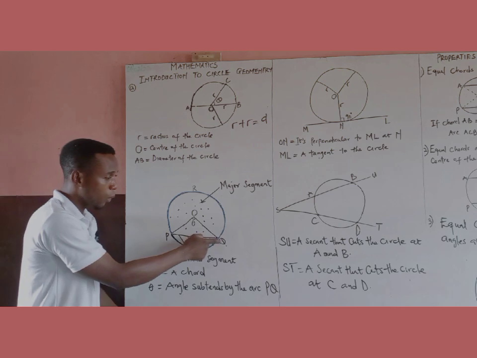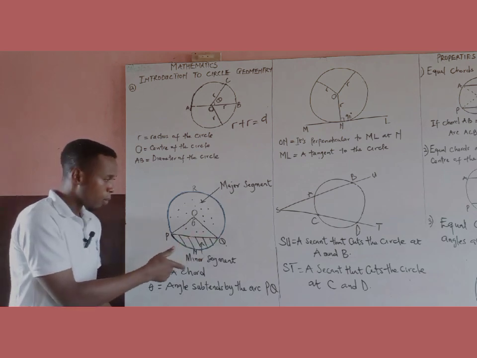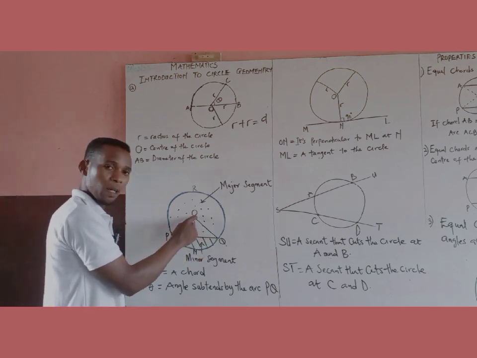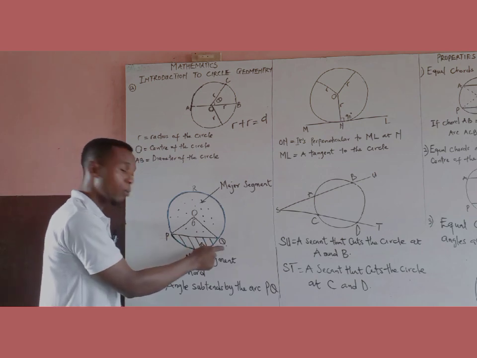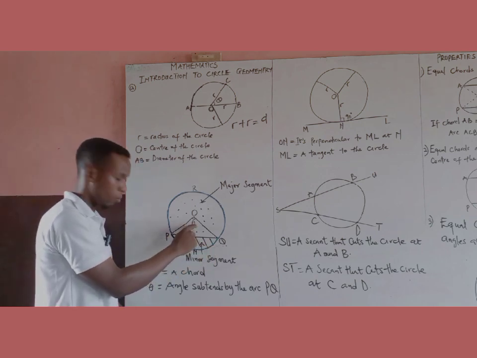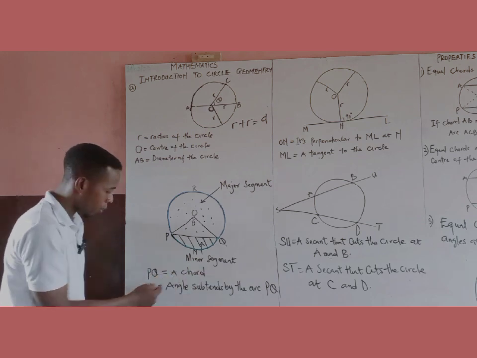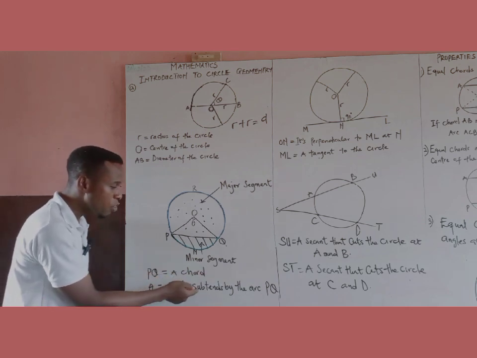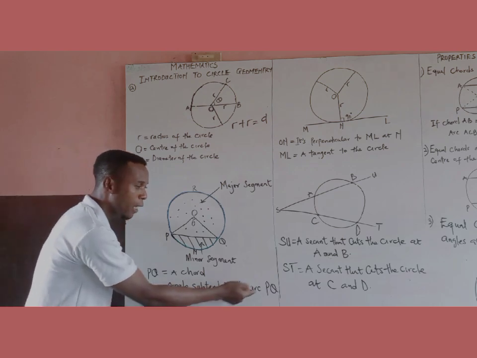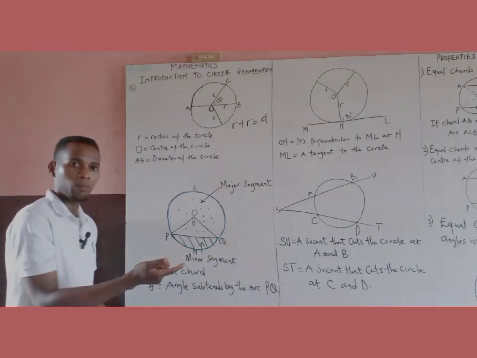P and Q is an arc. So the angle subtended by this arc PQ is angle theta. You have here that PQ is a chord, and angle theta is the angle subtended by the arc PQ.